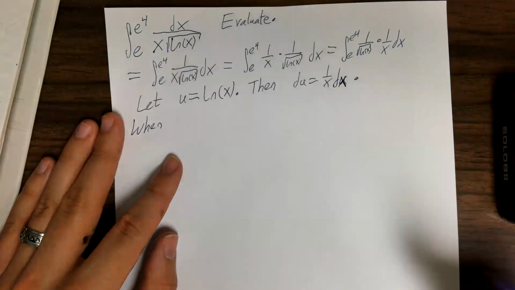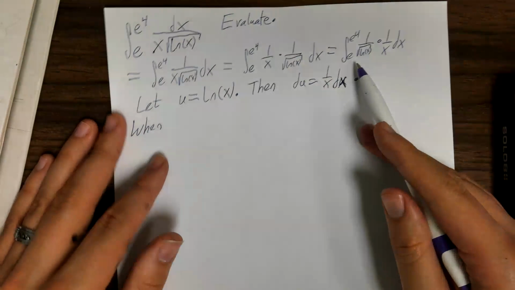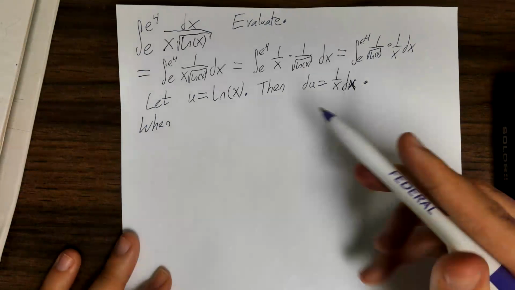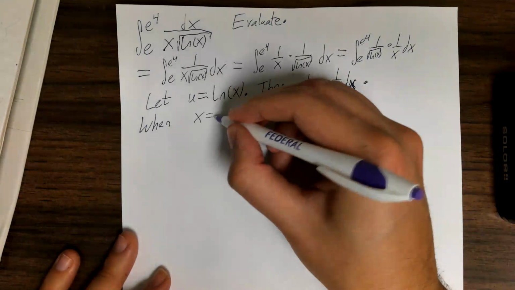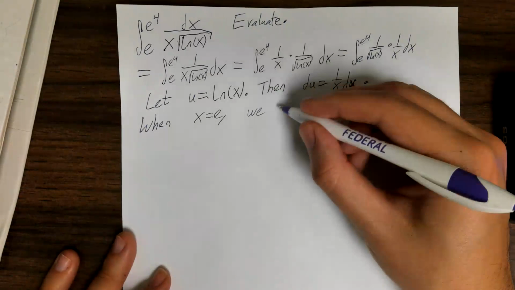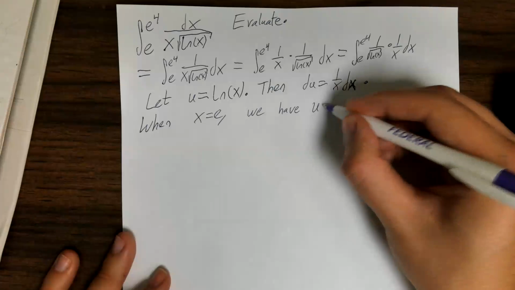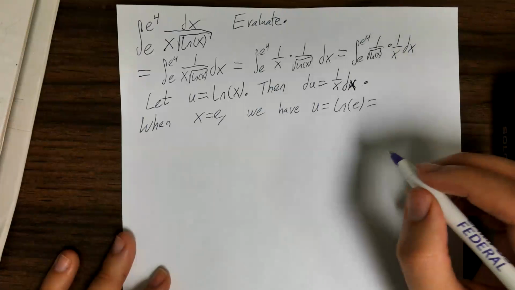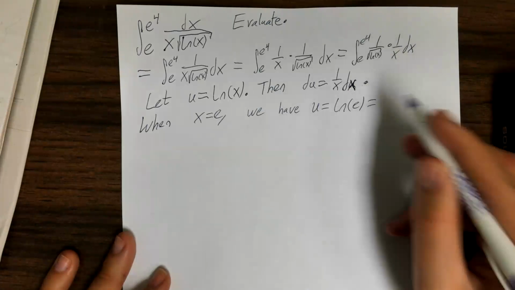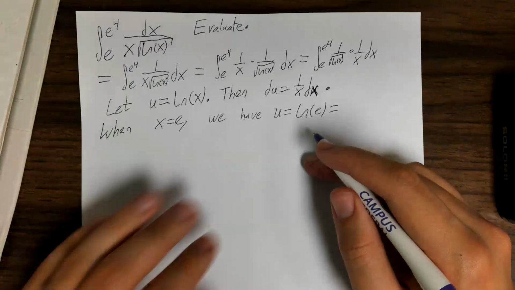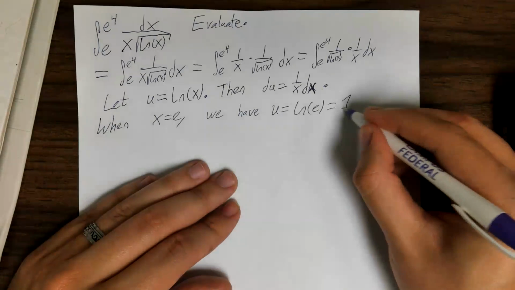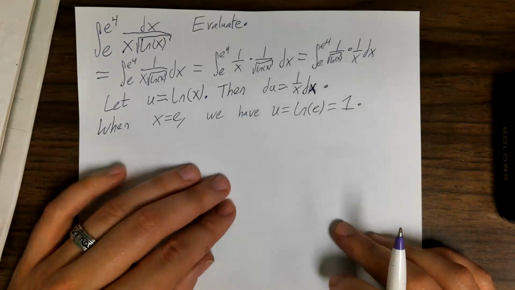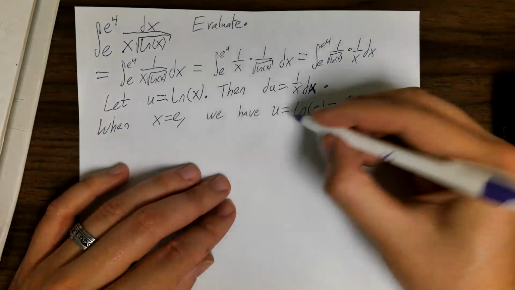Now we have to be a little bit careful because this is a definite integral. I'm going to find my limits of integration in terms of u. So when x equals e, we have u being equal to the natural logarithm of e. That should be an identity that's clear as day to you at this point. That's just one. If it's something you forget, you should know how to plug this into your calculator to double check.